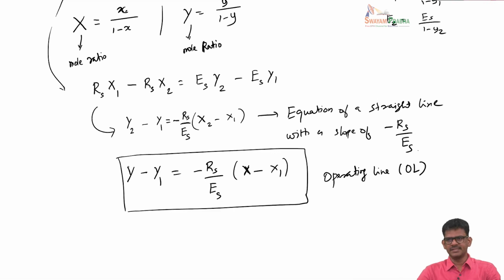So what this basically says is that the way in which the composition will change along the mass transfer equipment has to follow this particular line. That's what this means. Okay, so let's say you're looking at the co-current entry point. Here one phase will be rich in solute A, the other one will be leaner.